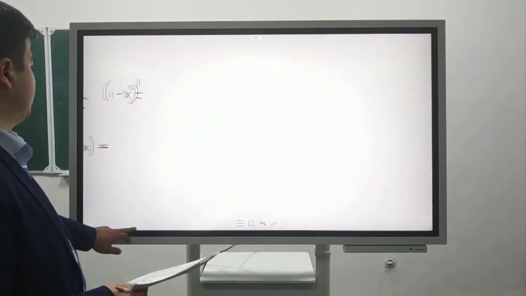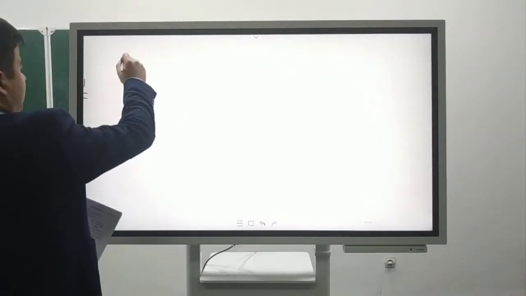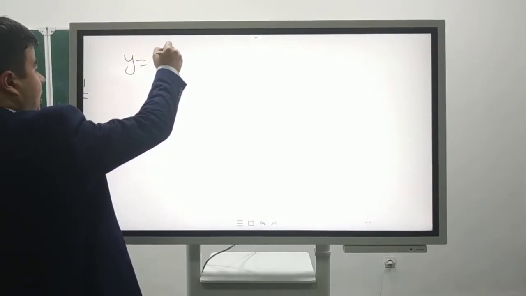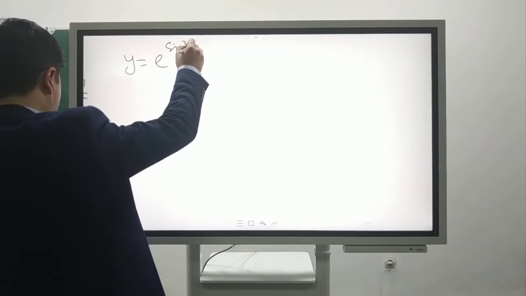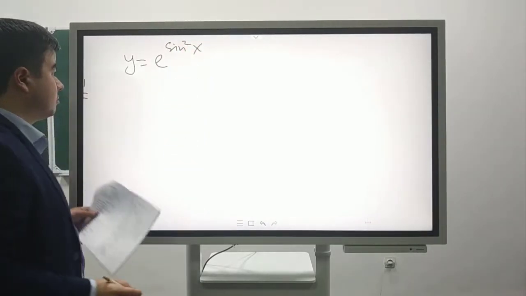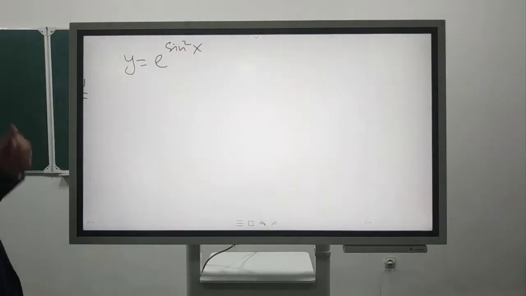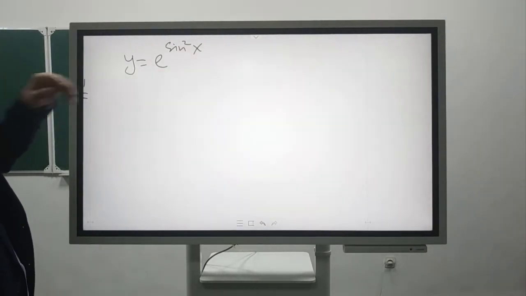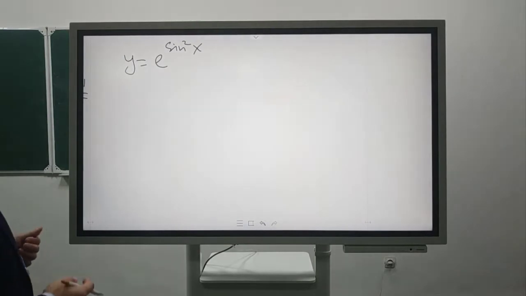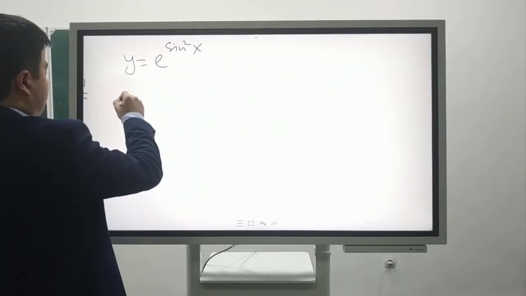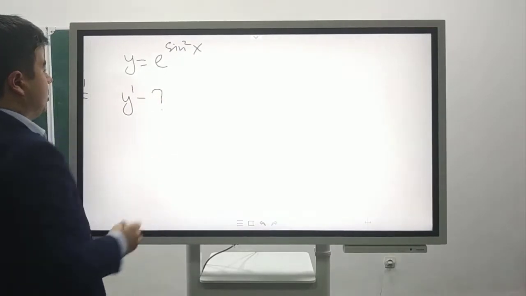Let's move to the next example. Here we have, for example, y is e to the power of sine squared of x. How to find the solution in this case? Find the derivative.